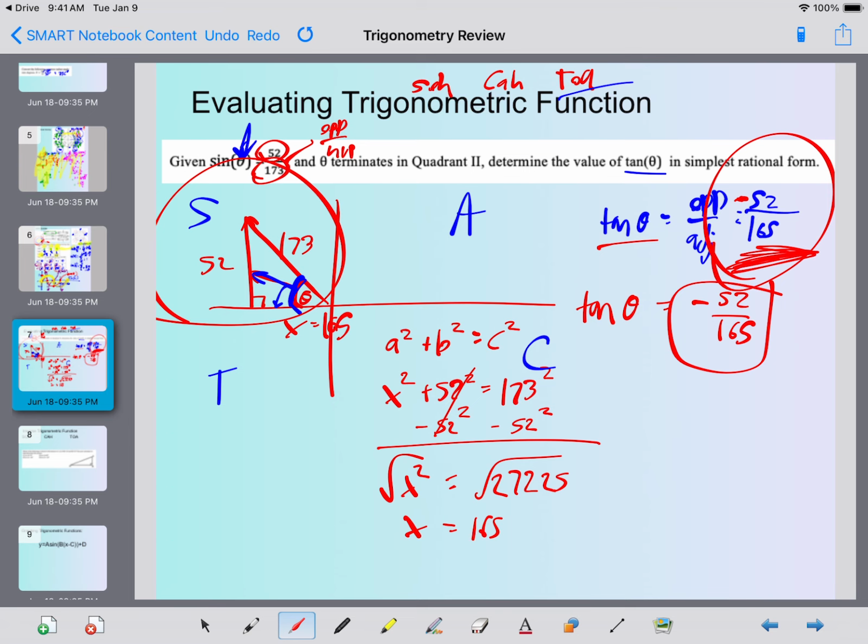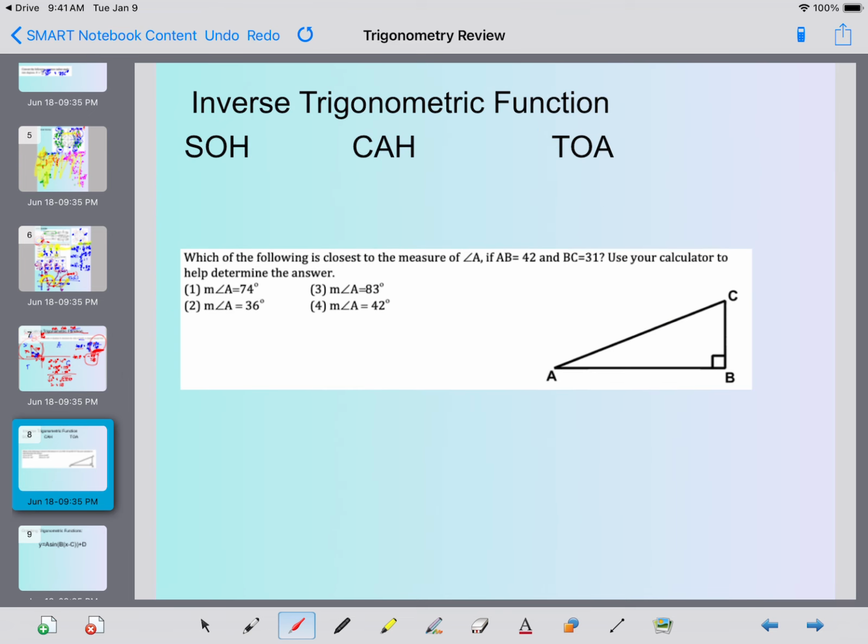Okay? You're going to see, when we do the reciprocal trig functions in this video, that we're basically doing the same problem. It's just with the reciprocal trig functions. Okay. Inverse trig functions. So, again, with trig, it shows a special relationship between the sides and the angles, right?